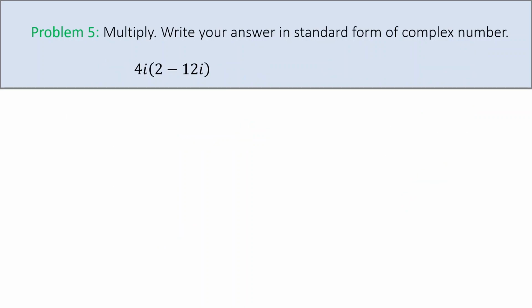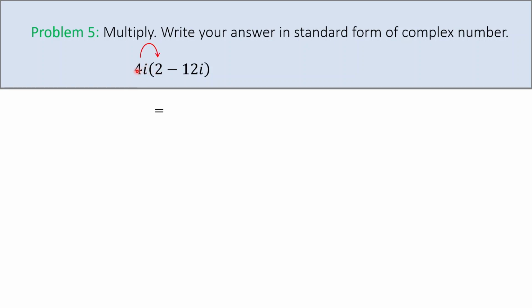Now we do this problem. You need to multiply this 4i and this complex number and write your answer in standard form of a complex number. This is equal to, you multiply this and this.